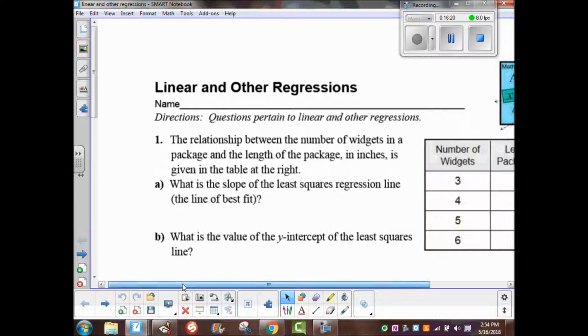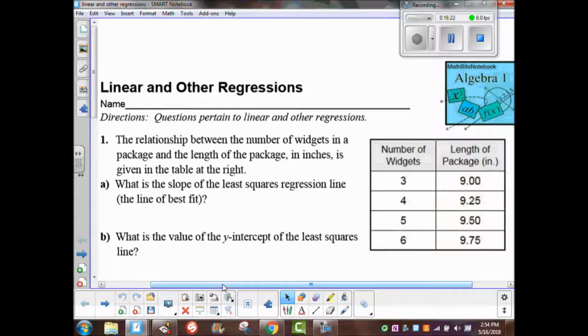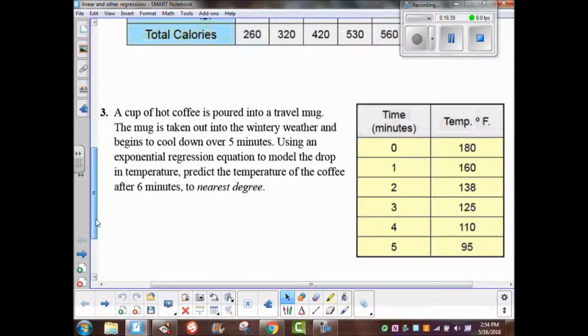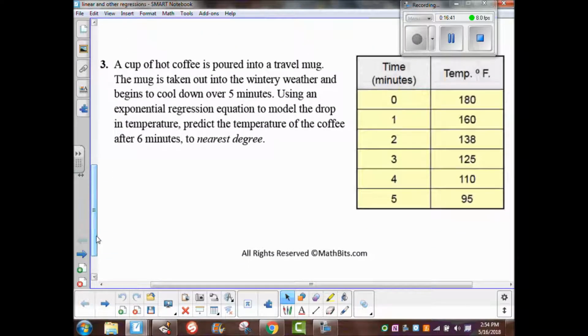Let's see which one looks interesting. Oh yeah, let's do number 3. This one looks kind of interesting. It's pretty warm out, but we can think about a cup of hot coffee.